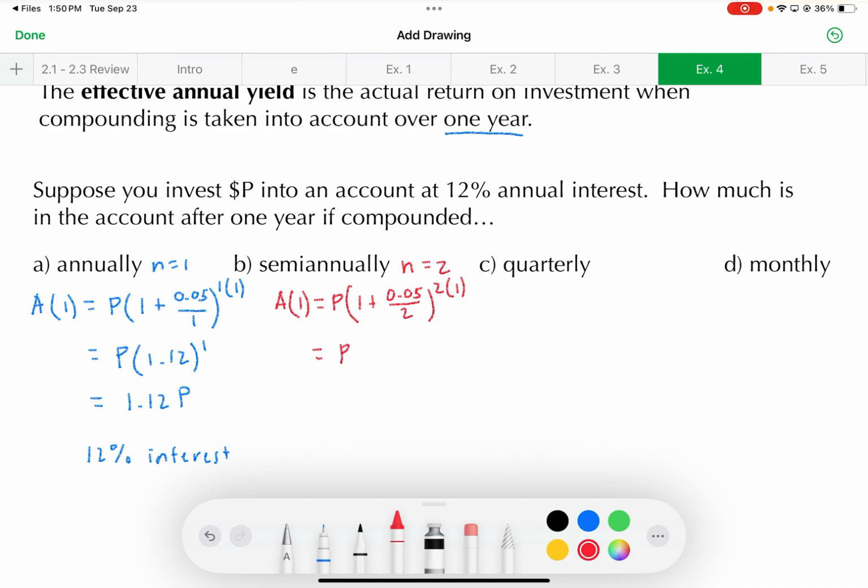Okay, now I can simplify that. I'm sorry, why am I putting 0.05 in there? I was confusing that with the last example. This should be a 0.12, shouldn't it? That's what I get trying to go from memory.